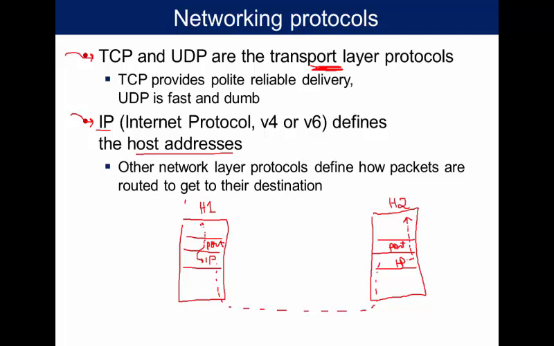So here we have app 1, there also app 1. This guy wants to talk to the app 1 in another host through the designated port number. So the port number needs to be defined. There are two protocols for the port layer, TCP and UDP.